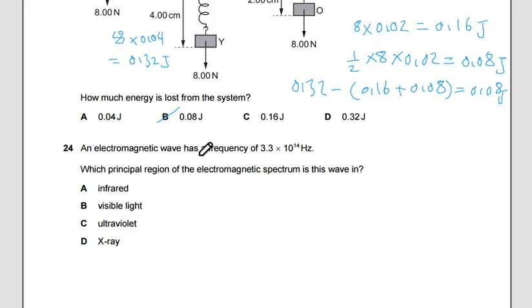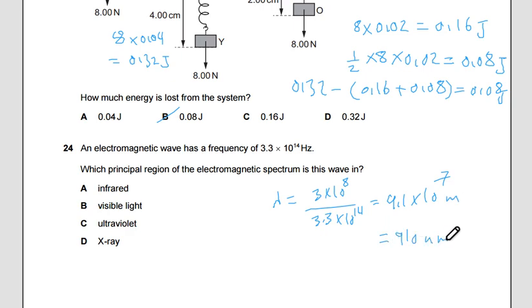Here's the frequency, and we need the wavelength, a simple and frequently repeated question. It will be 9.1 times 10 to the minus 7 meter, which is 910 nanometer, and this is infrared.